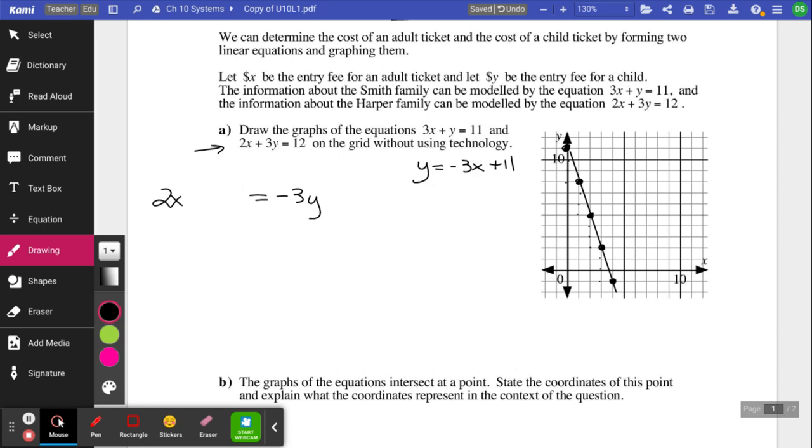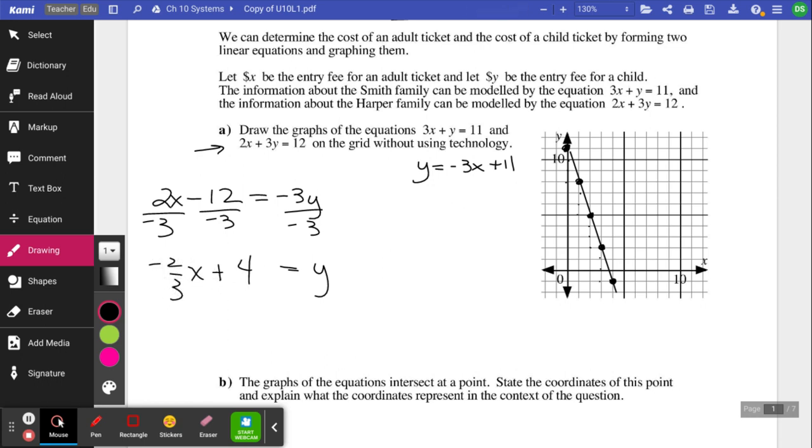Subtract. Sure, this is one way to do it. There's many ways to rearrange, which is what Victor chose to do. Anytime you move something onto the other side of the equal sign, you have to change the sign, right? And then what's the next step? Divide by negative 3. Okay, so I have y equals negative 2/3 x plus 4.